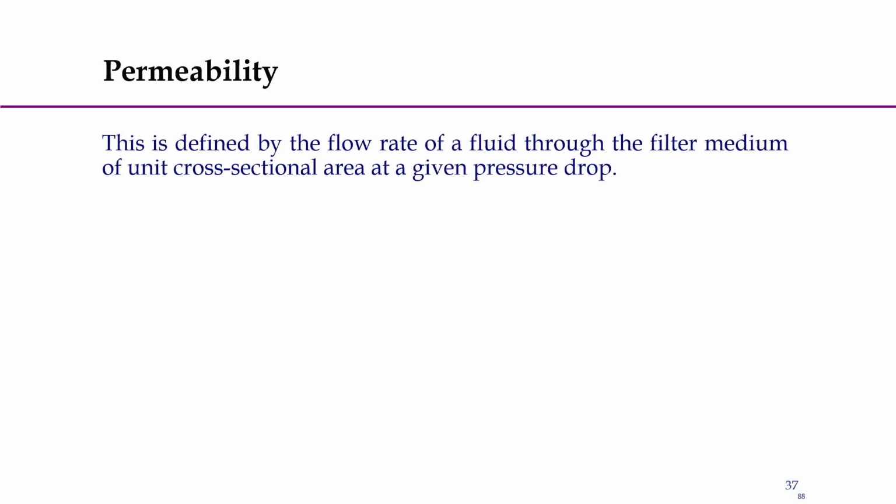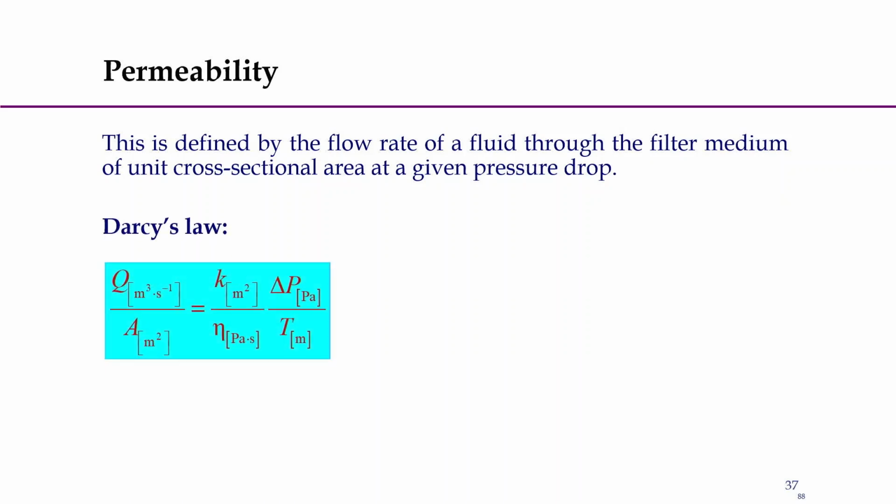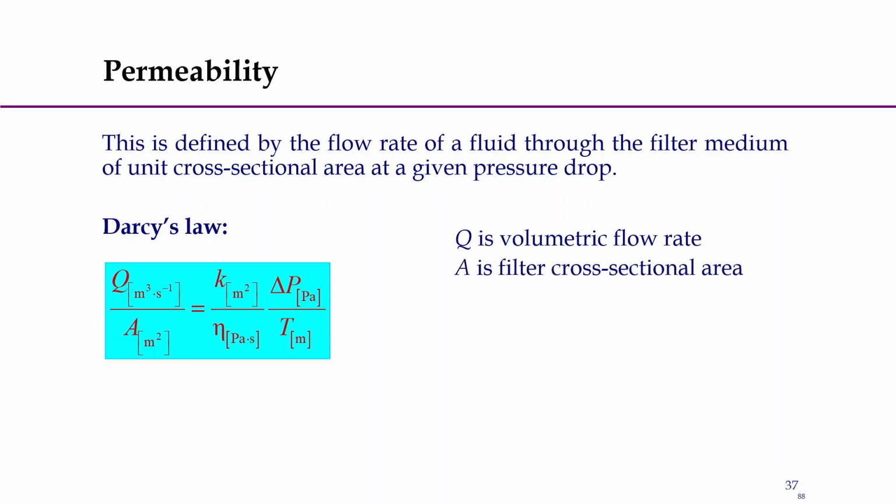Permeability is the ability of a filter media to allow the fluid to pass through its cross section. It follows Darcy's law. Q is the volumetric flow rate, maybe of air, or in the case of water it can be fluid.